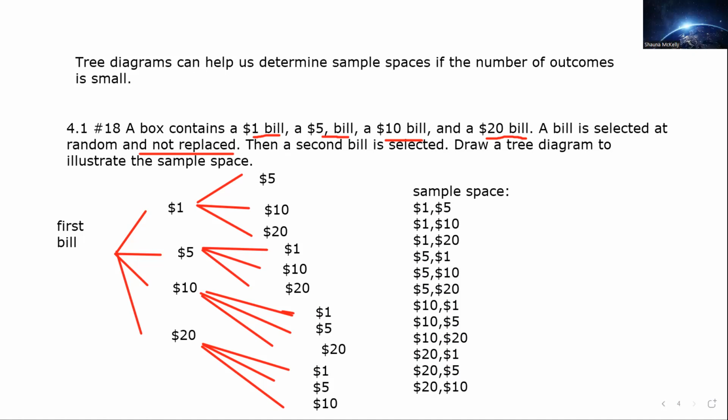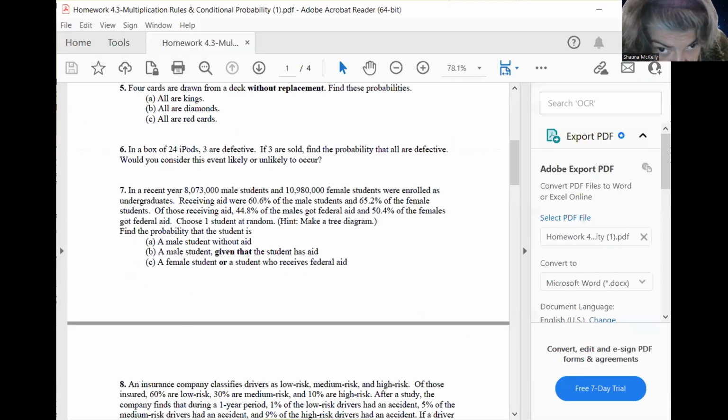I'm going to give me another whiteboard here, and I'm going to bring up the description of a problem that I want you to see. So we're going to look right now at number 7. Okay, number 7 on this sheet. It says, in a recent year, 8,073,000 male students and 10,980,000 female students were enrolled as undergraduates.